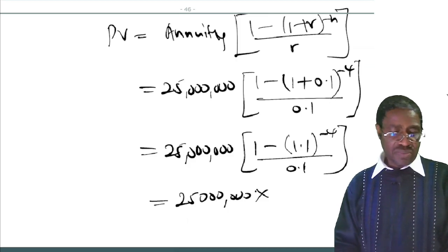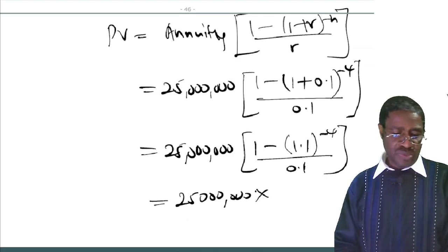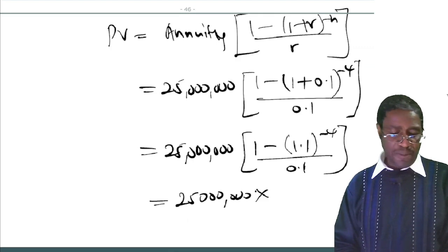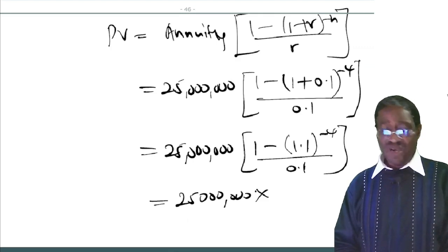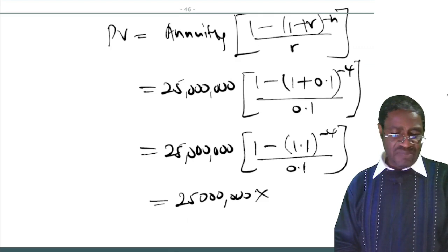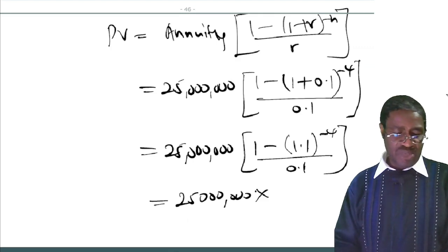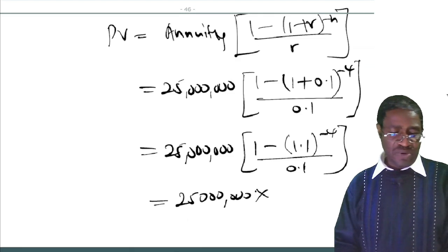1.1 to the power of negative 4. Whatever I'm getting, I subtract from 1. Oh my, I've clicked wrongly. Let me repeat again: 1.1 to the power of negative 4.